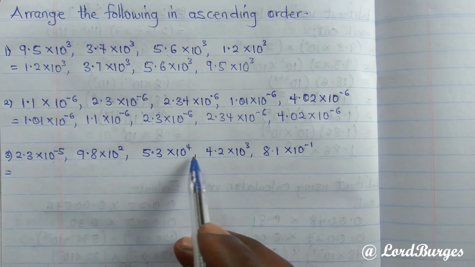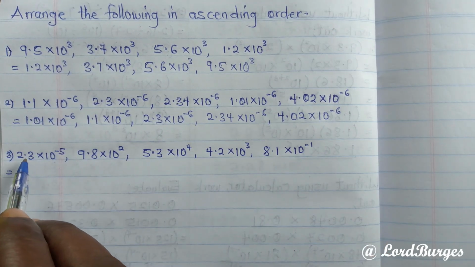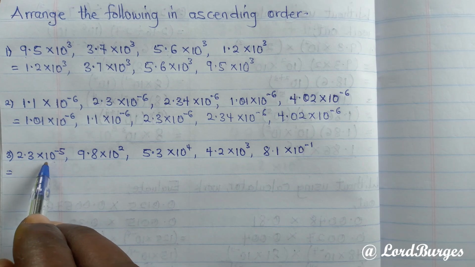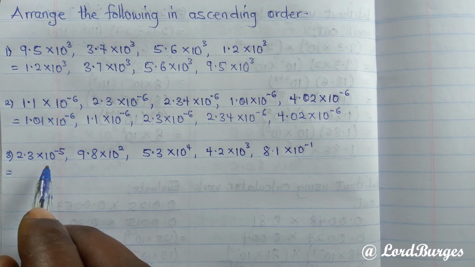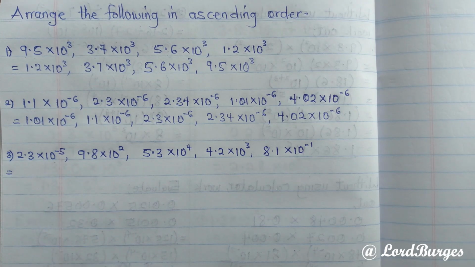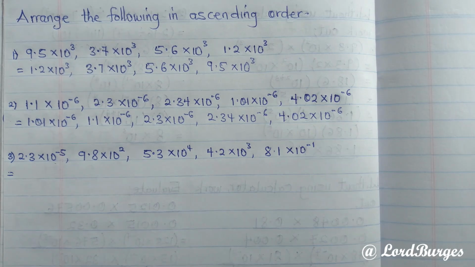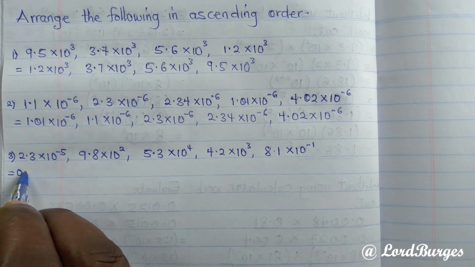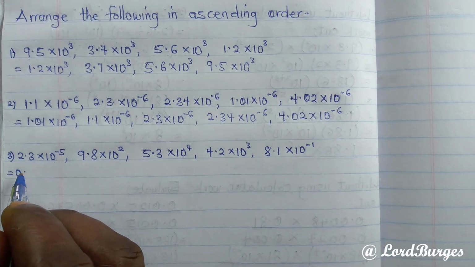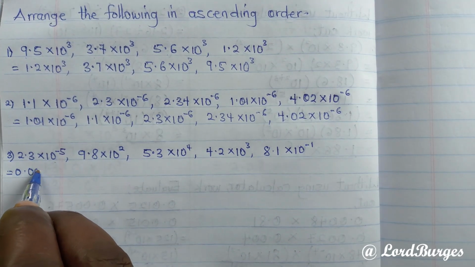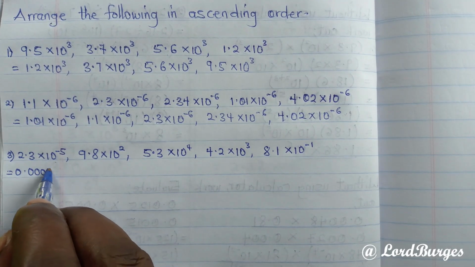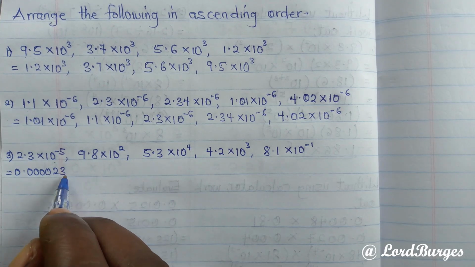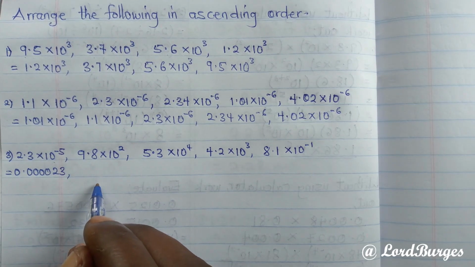So let's change all standard form to ordinary form. 2.3 times 10 raised to the power negative 5 will give us 0.00023. That is for the first one.